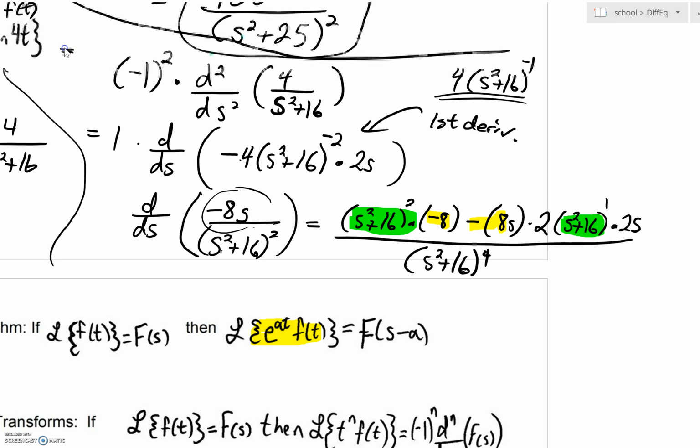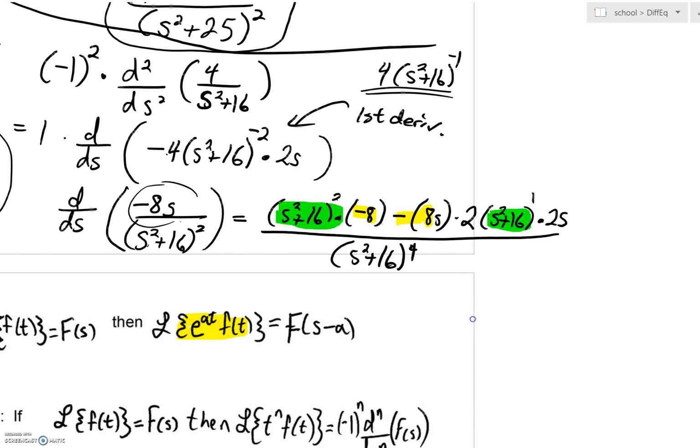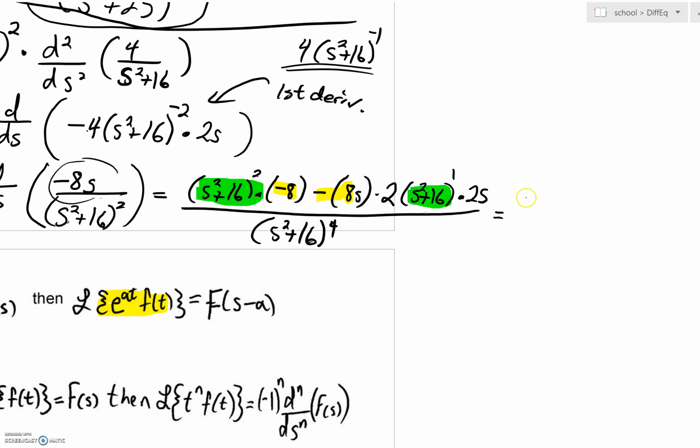So I'm going to factor out from this top a negative 8, and I'm only able to pull out s squared plus 16 to the first power. I have that second component of the numerator, I only have one of those that I can pull out.